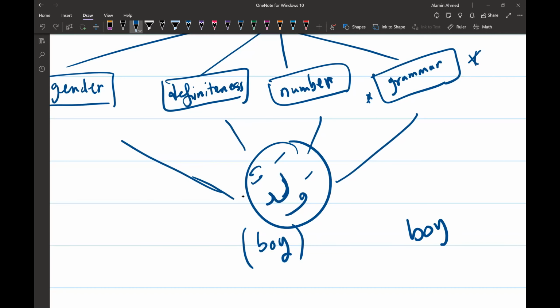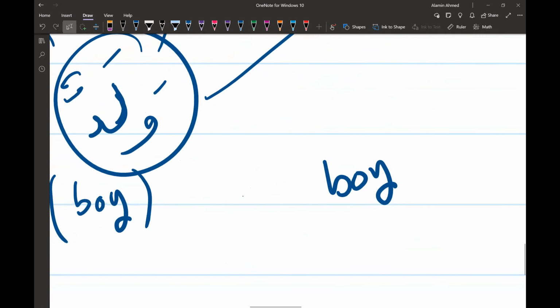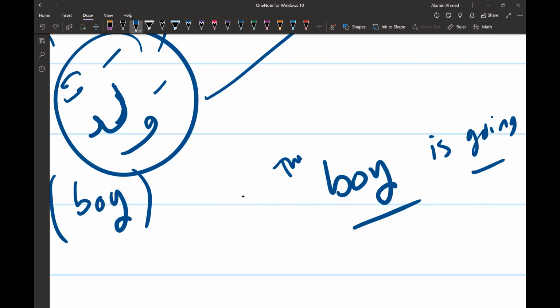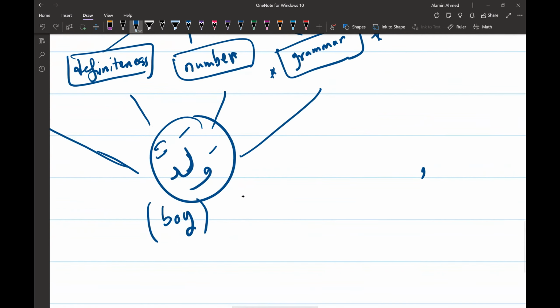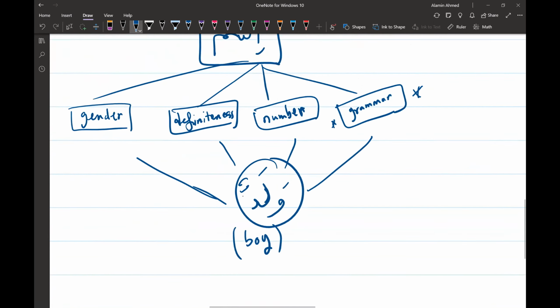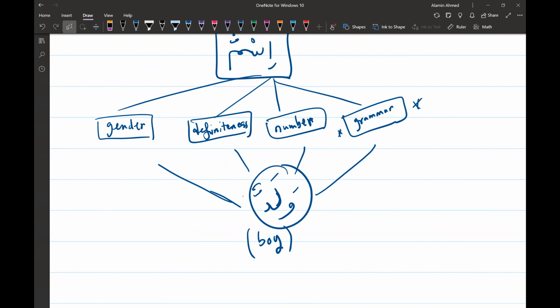But if I say this word in English exactly the way it is, it can be an object. I saw the boy. So the boy is an object. Or I can say the boy is going. See, now the boy is the subject. But when we look at this word, inshallah, we'll learn that the case of this word is never going to be that of an object.